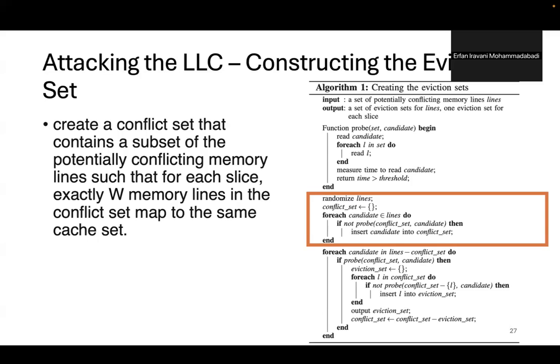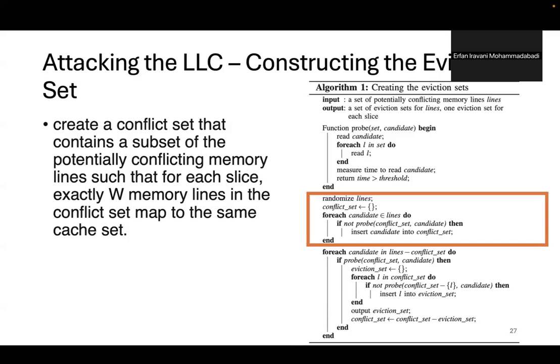To effectively evict a specific cache line, we need to identify memory addresses that compete for the same cache set. This is basically done by repeatedly testing memory accesses and measuring access time to detect the conflict.